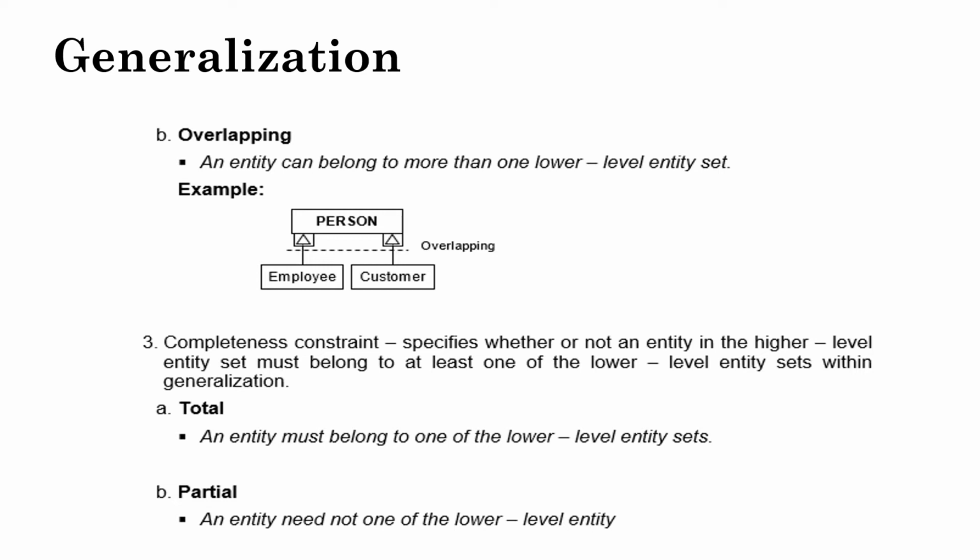In the given example on overlapping, we use two triangles with dotted lines to represent that there is an overlap, so the person's entity can be considered as both the employee and the customer entity. Unlike the disjoint example, where we only used one triangle and the rectangles representing employee and customer persons.